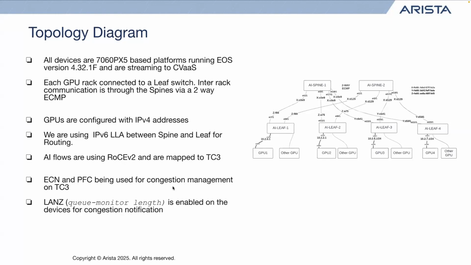To provide congestion management on traffic class 3, we are using ECN and PFC. Lastly, we have LANZ enabled on all the leaf and spine devices, and we also have queue streaming enabled on the leaves and spines, so all our LANZ data is streaming onto CloudVision.